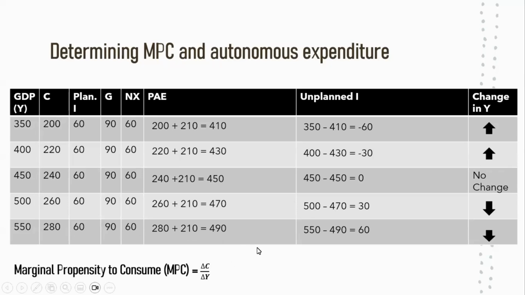So that would be 50 for the change in Y. And the change in C, or consumption, we see that it is changing by 20 each time as we go down the table. So that would be 20 divided by 50 is equal to 0.4. And that is how you determine the MPC, the autonomous expenditure, utilizing this table.